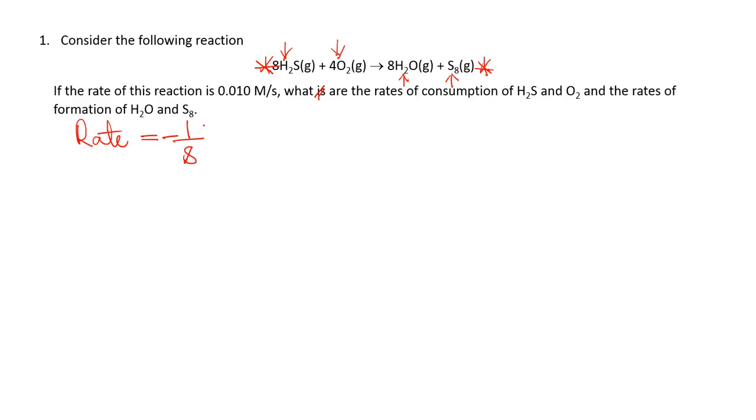Negative 1/8 change in concentration of H2S divided by change in time is equal to negative 1/4, because the coefficient here is 4, change in concentration of oxygen over change in time. So we are putting negatives in front because these two are reactants.